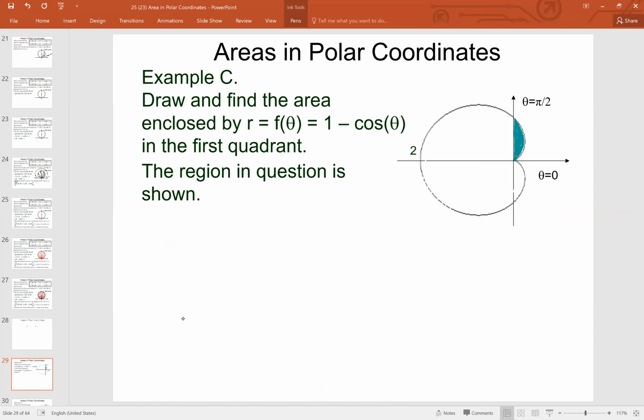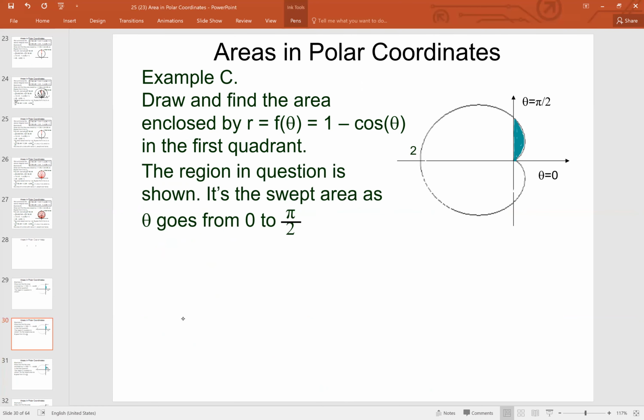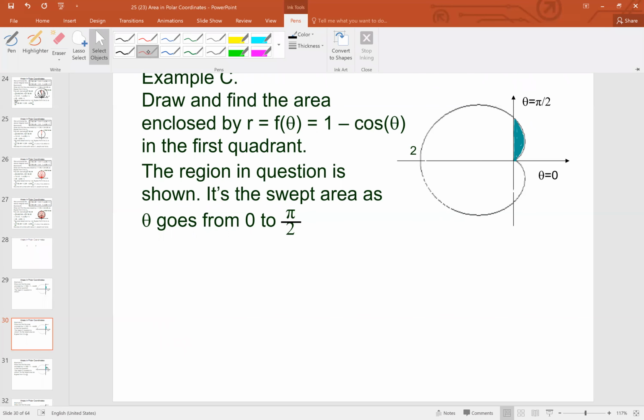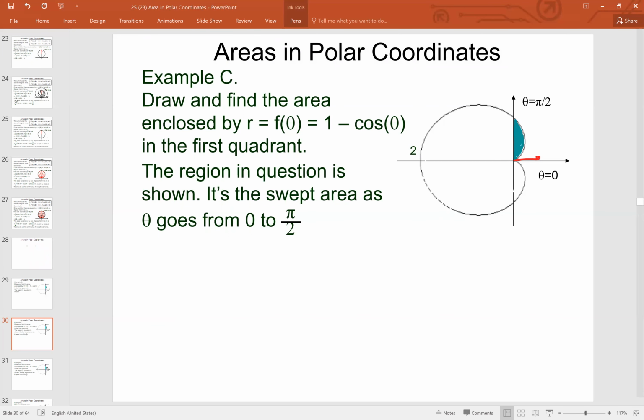And then the rest of the examples basically involve formulas using the cardioids or the roses, sine n theta or cosine n theta. So here's an example of a cardioid. And basically you have to find the area as you sweep through.